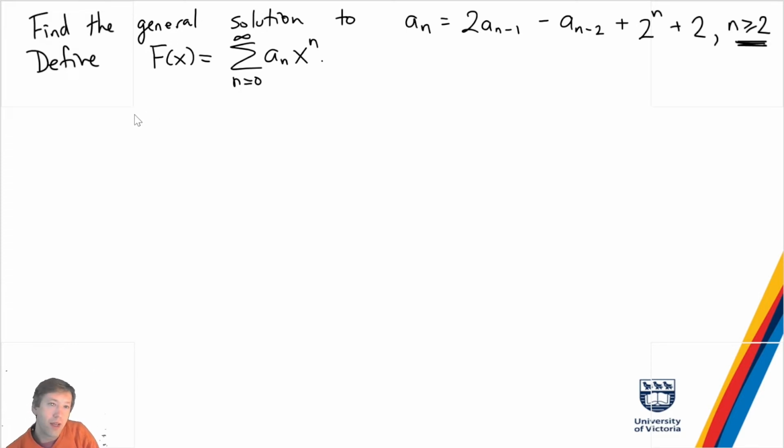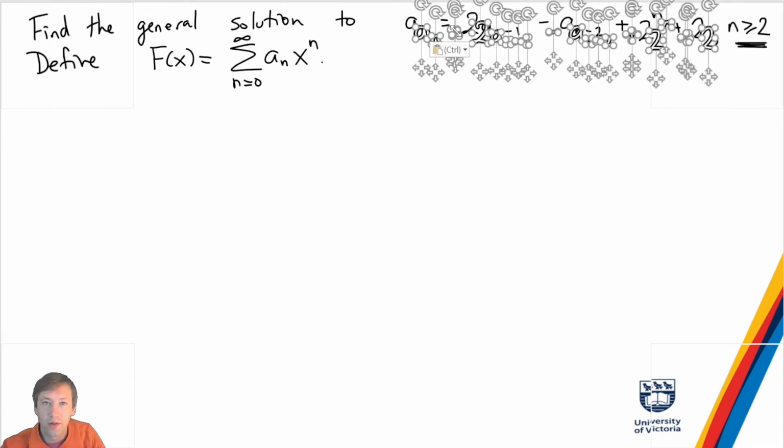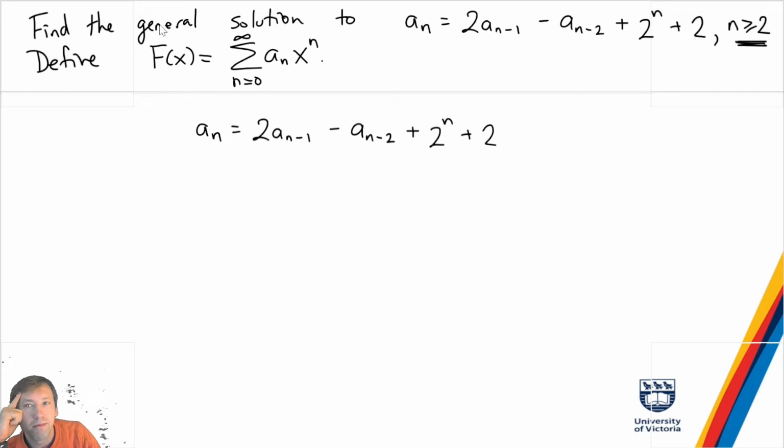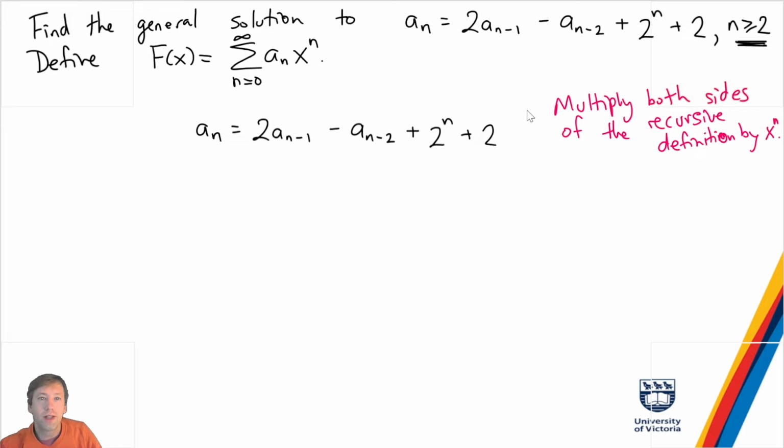So now we take our original equation, which is valid for all n at least 2, write it down, and multiply both sides of the recursive definition of a_n by x^n. That's usually going to be our first step.